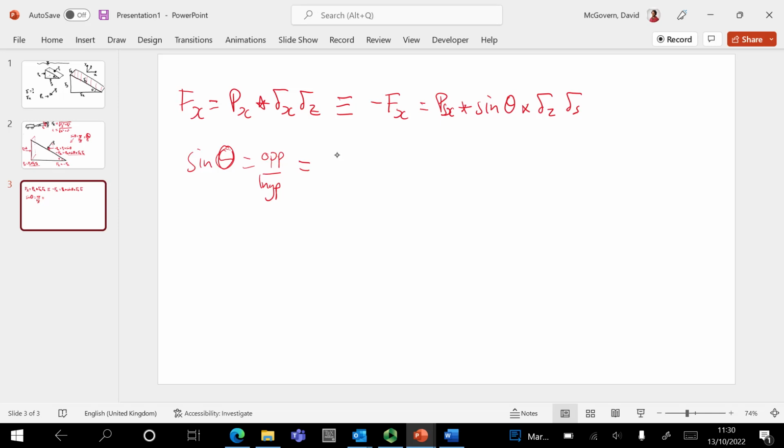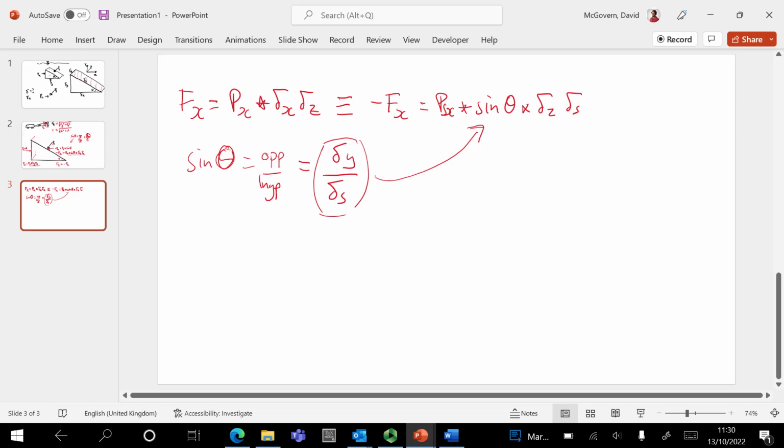So we can then say delta y over delta s. Now I'll just take that and substitute it into here, like that. So then I can actually manipulate it. Let's do that. I'm going to remove this and put delta y over delta s.